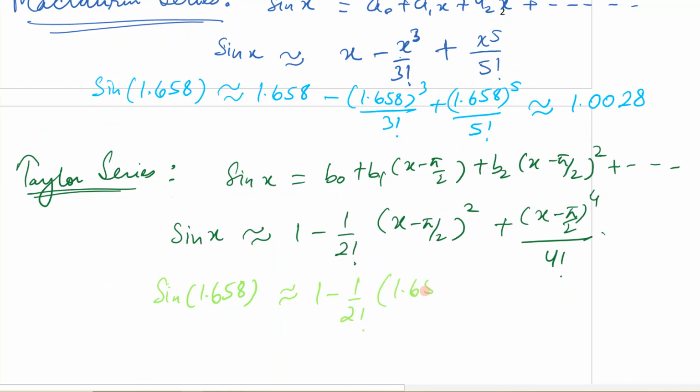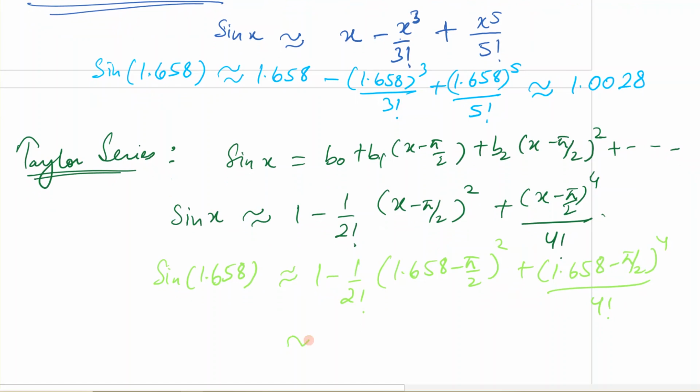Similarly, we can use our Taylor series to approximate the value. So 1.658 minus pi over 2 squared plus 1.658 minus pi over 2 raised to the power 4 over 4 factorial. So this is approximately 0.9962.